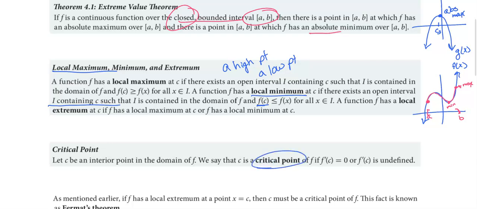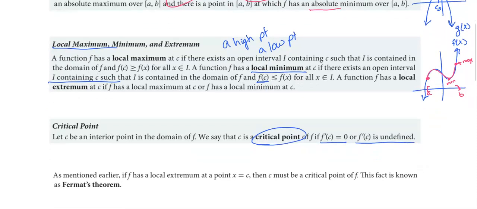We have a critical number if the derivative is equal to 0 or if that derivative is undefined at a particular C value. So there's two conditions we have to check. To define critical points, we're going to set the derivative equal to 0 and figure out where the function is undefined. If there is a max or min, it must happen at a critical point.